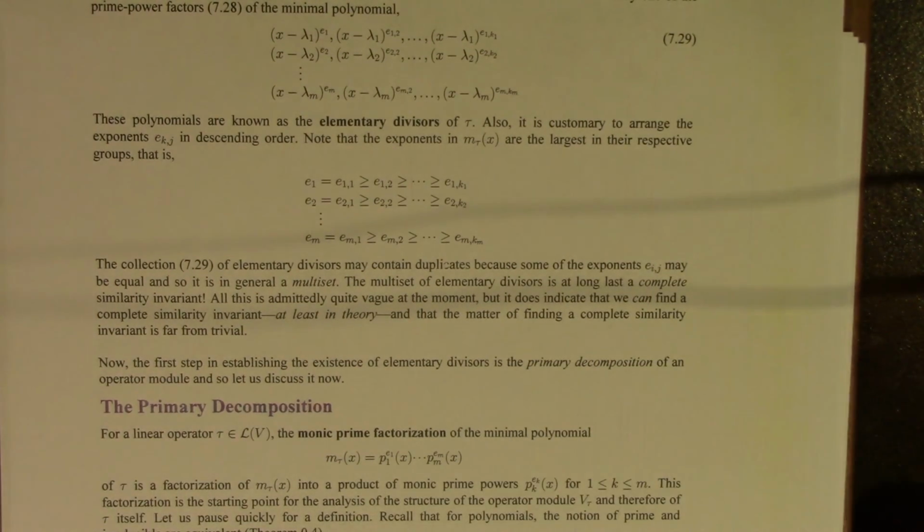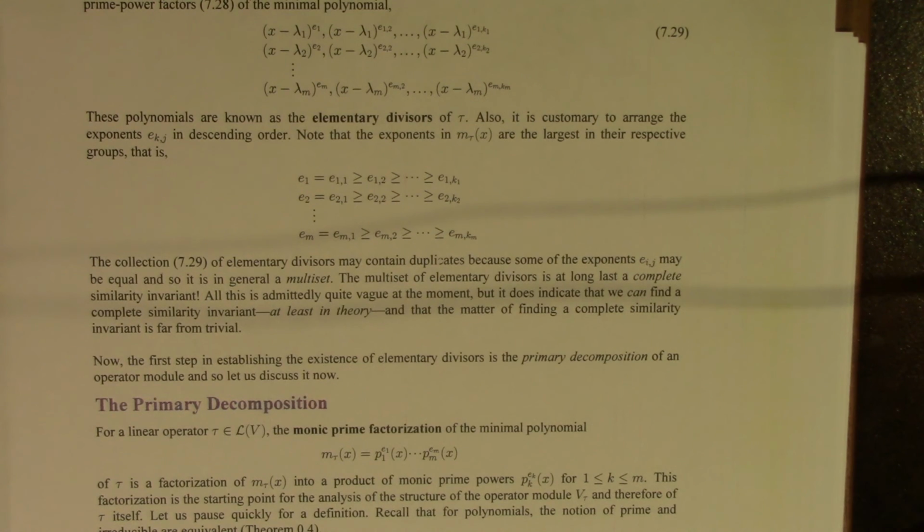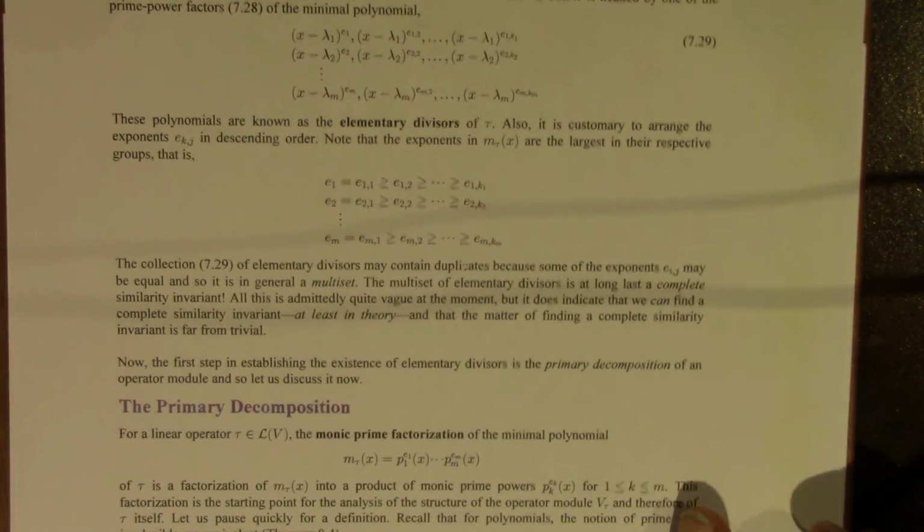The multi-set of elementary divisors is, at long last, a complete similarity invariant. Now, of course, this is all a very general, vague discussion, but I just wanted you to see that this is what it takes to get a complete similarity invariant.